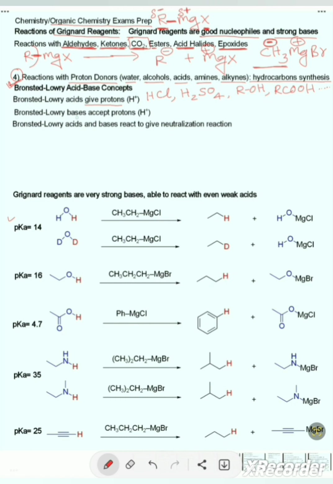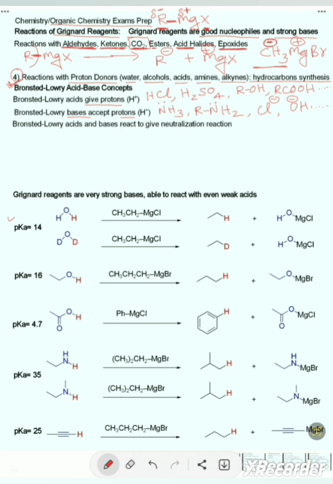Now, the Bronsted-Lowry bases are the species that can accept protons. The examples would be ammonia, amines, chloride ion, hydroxide ion, and similar species.